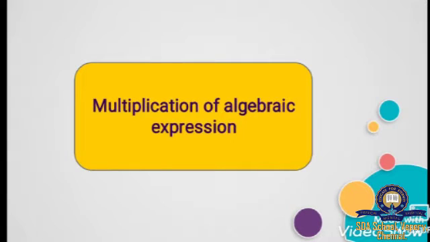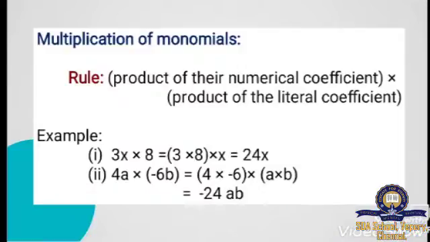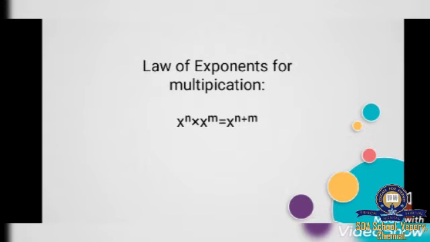Now, in today's class, we're going to see multiplication of algebraic expressions. The law of exponents for multiplication is x raised to the power n into x raised to the power m is equal to x raised to the power n plus m. We already learned this in the exponents chapter, so we just recall it.